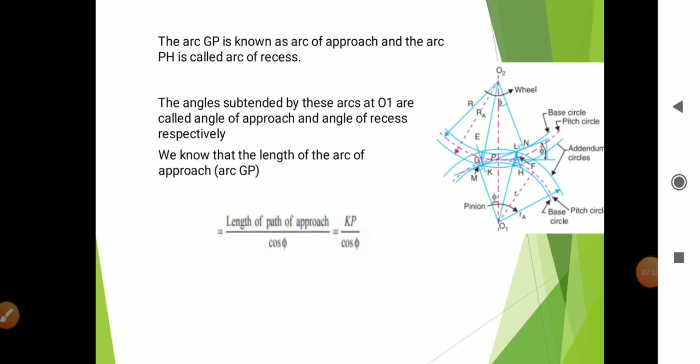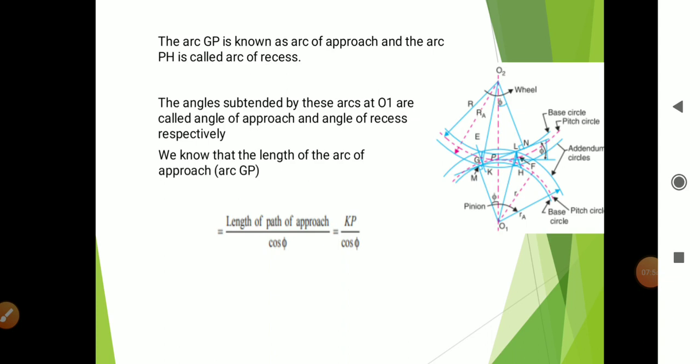So next thing we are going to see. We know, as we saw earlier, that the arc of contact is the length of path of contact divided by cos of phi. So now we are going to see the arc of approach. Simply, arc of approach is the length of path of approach divided by cos phi.